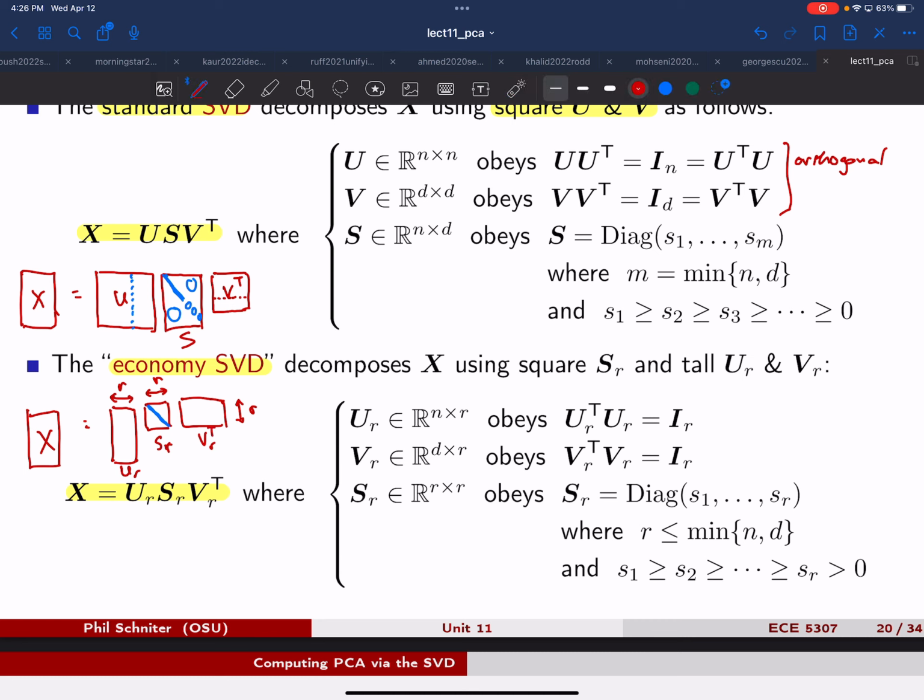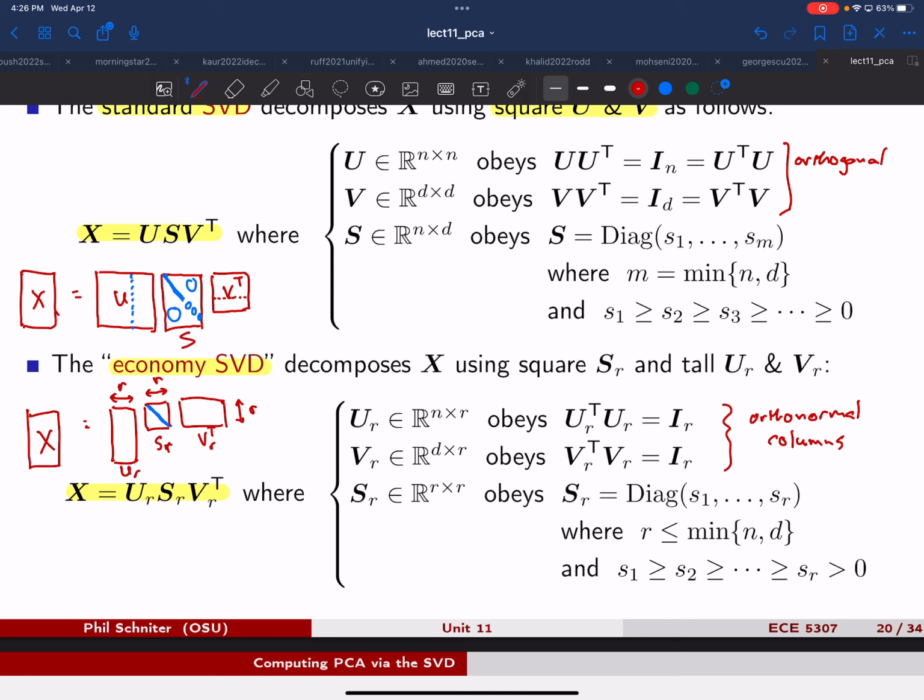So the V matrix, which we're showing here in transpose form, has orthogonal rows, but I can't really say anything about the columns of VR transpose or the rows of VR. So I can say this, but this other part of the statement is now missing. So maybe we could say orthonormal columns. That's the property that these matrices have.